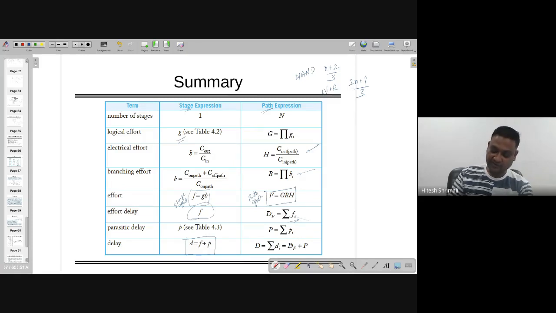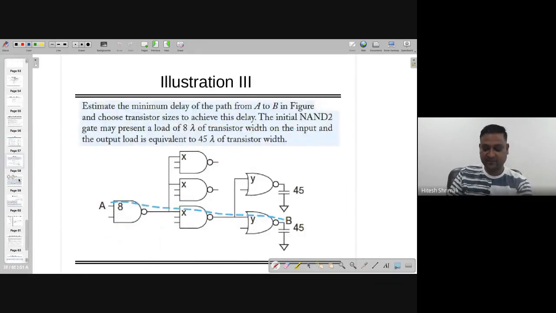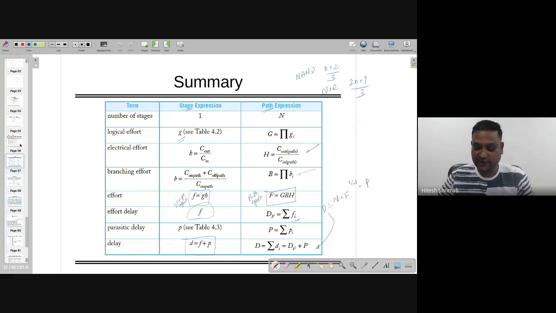Notably, we have not added one fact that it's actually equal to this one. D is actually equal to N times F raised to 1 by N plus P. Okay, so maybe this particular example we'll solve tomorrow, because right now it might take more time to understand.